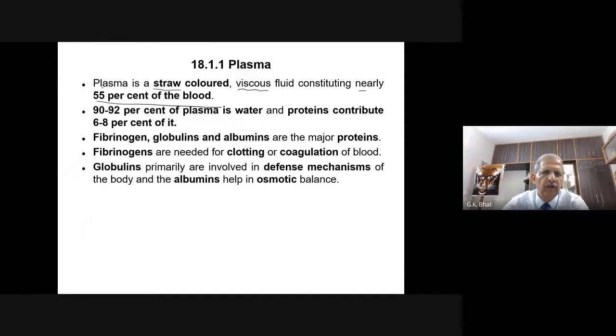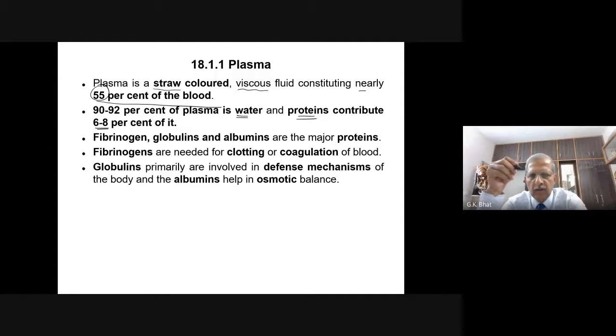Important. 55% of the blood is formed of plasma. In the plasma, 90 to 92% is water, and 6 to 8% is protein.